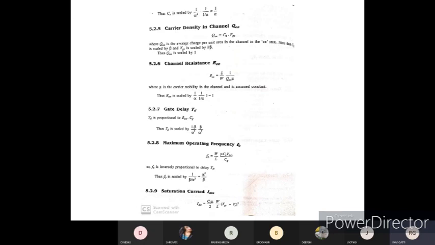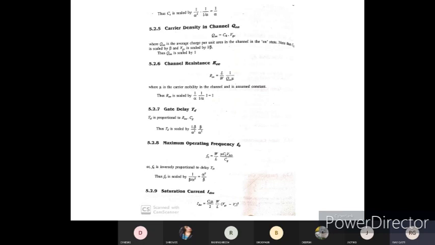The next one is the channel resistance. The channel resistance, as we know, is R on, which is nothing but L divided by W. We can represent it by the use of the carrier density in channel, and it is nothing but 1 divided by Q on into mu, where mu is the carrier mobility in the channel.